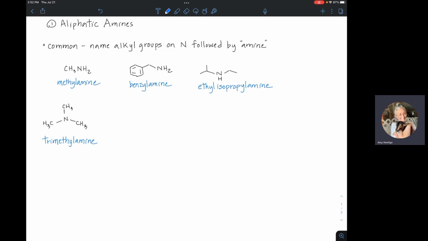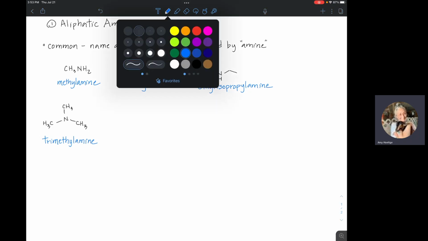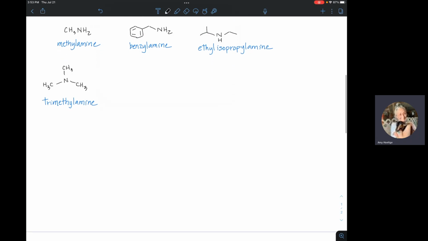But you could see that it might get a little convoluted using common nomenclature if there were substituents hanging out on any of those alkyl groups, right? That's where systematic nomenclature comes in pretty handy. So one particular type of systematic nomenclature is where you replace the suffix E from the alkane.